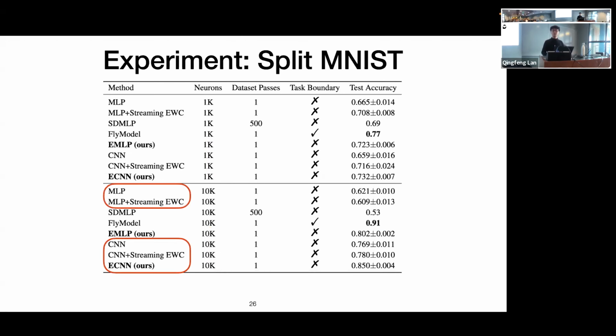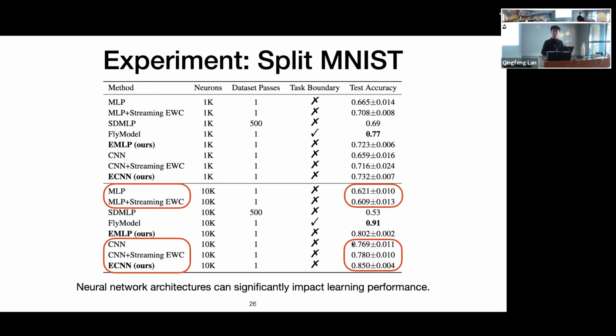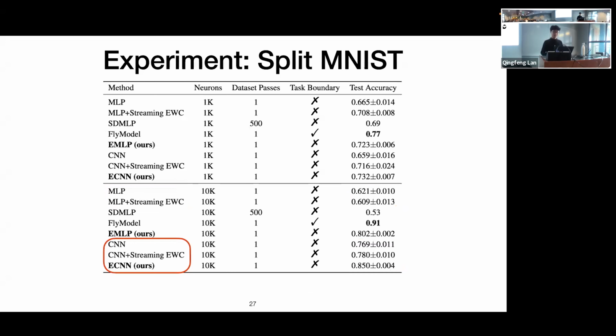Next, we compare different structures. The first one is basically the MLP structure, and the second one is the CNN structure. And we see that there's a very large gap between these two structures. So this result shows that neural network architectures can significantly impact learning performance in this setting. And finally, here we have three methods: CNN, CNN plus streaming EWC, and our method ECN.